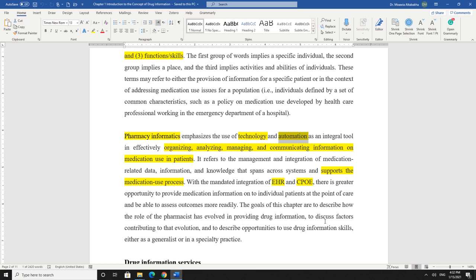When these are combined together, it will allow you to better organize, analyze, manage, and communicate information on medication use in patients. Okay.